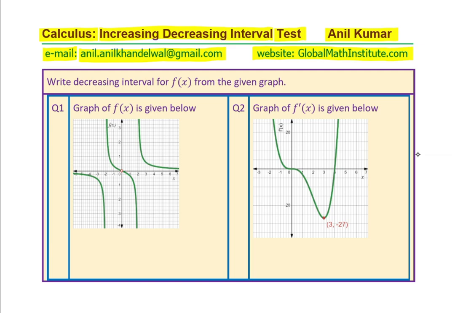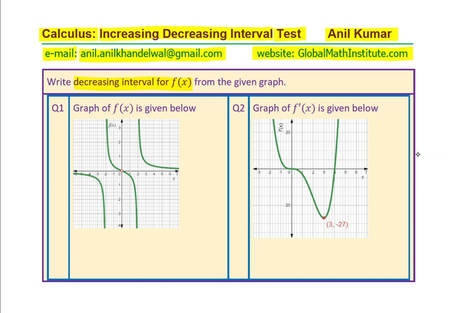So let's try to understand these concepts. Question number 1 and 2. They basically relate to writing the decreasing interval for a function from the given graph. So we're given the graph, we have to write the decreasing interval for the function f of x. Question 1, the graph of f of x is given below. And question 2 is the graph of f prime x.